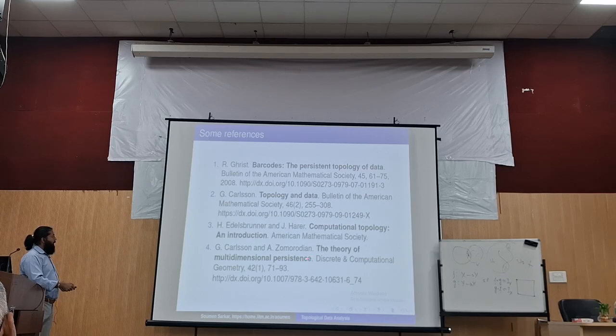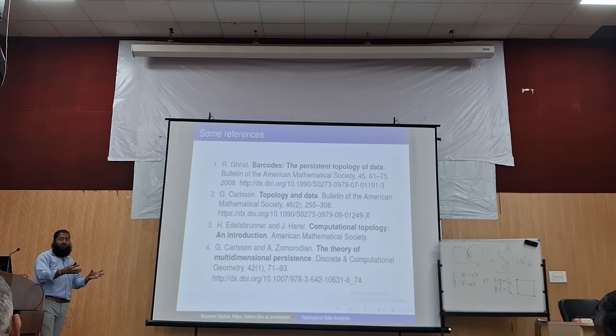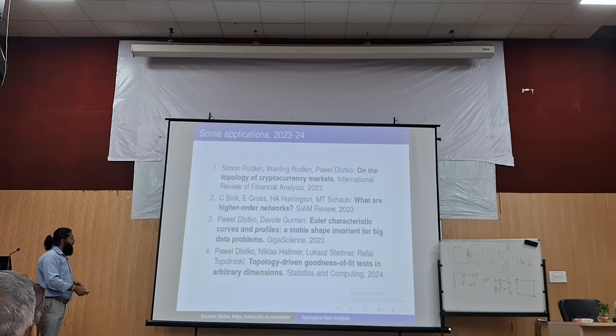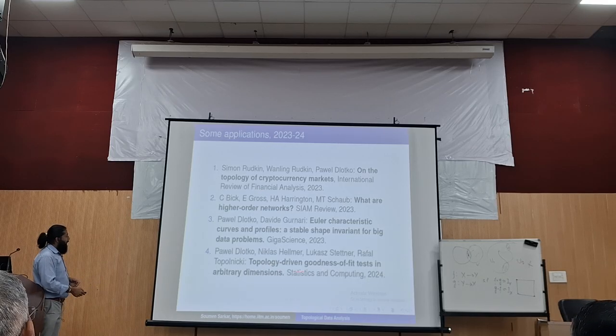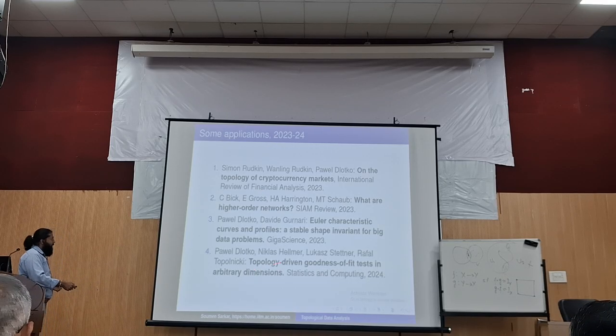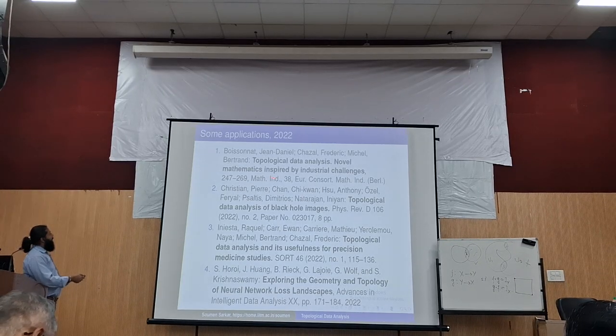But if you read this paper, it will be very difficult to understand. You need to read so many papers to get the idea. Okay. So, several applications. Here you can see the online network, the cryptocurrency market, and maybe some others.